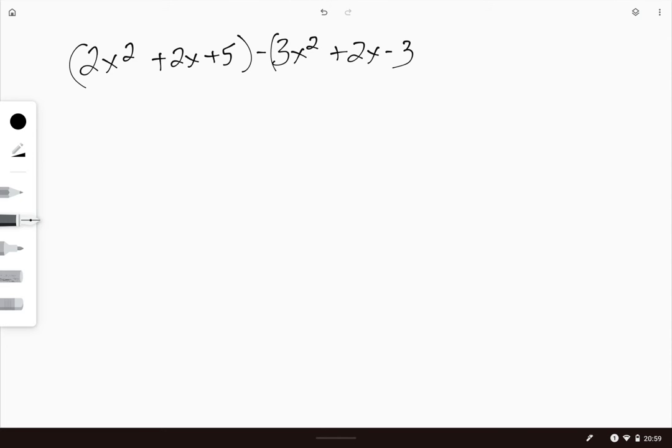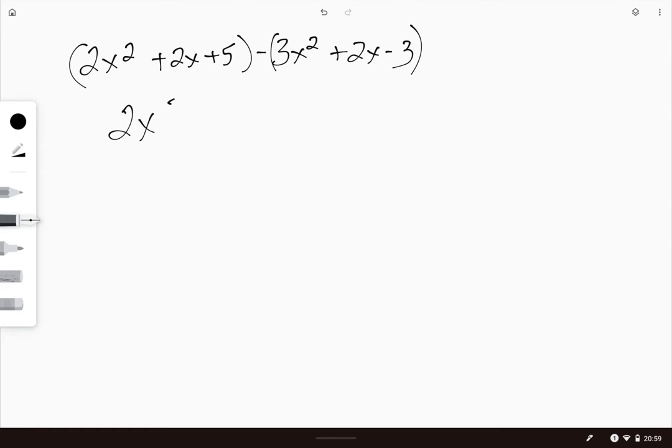So let's suppose that I've got over here 2x squared plus 2x plus 5 minus 3x squared plus 2x minus 3. Okay, so the first way that I showed you could solve this is by stacking.